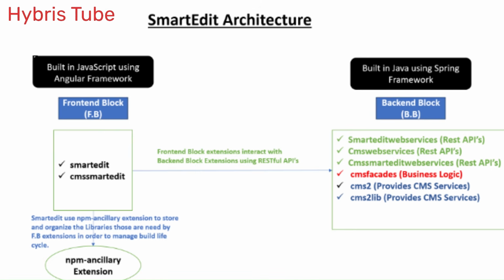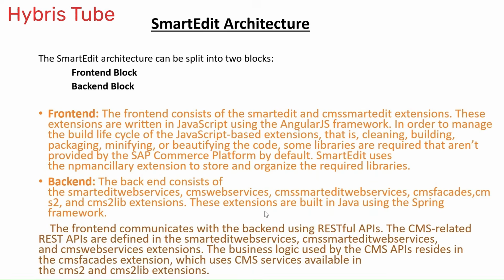The CMS related REST APIs are defined in the SmartEdit web services, CMS SmartEdit web services, and CMS web service extension. So I hope guys this is clear to you, and the business logic used by the CMS APIs lies in the CMS facade extension, which uses the CMS services available in CMS2 and CMS lib extensions. So I hope all these things are clear to you as well.